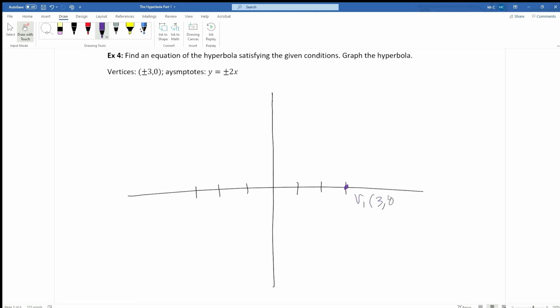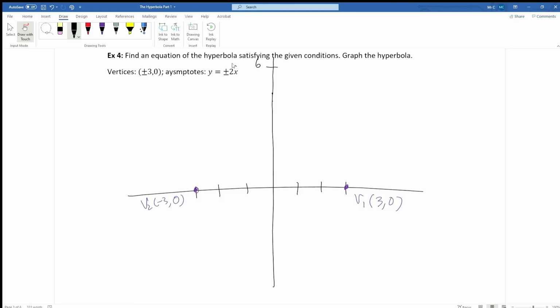So I get 3, 0, and negative 3, 0. Now, if my slope is 2, then by the time my x value has reached 3 over here, then my diagonal asymptote would have to reach 6.